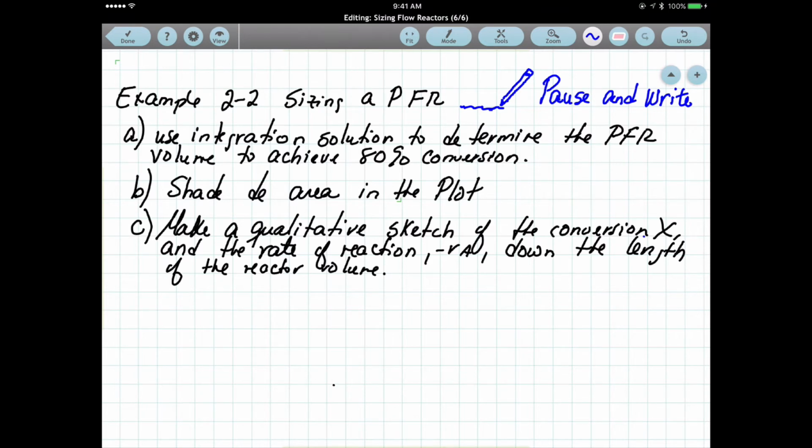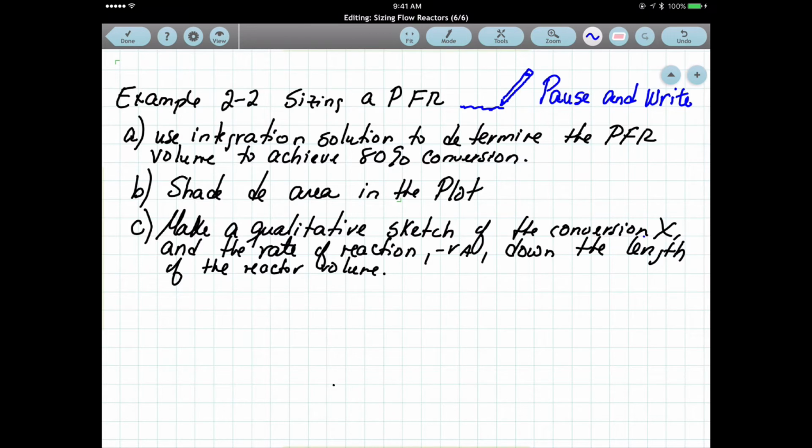However, we don't have that. So that means if we have data, we need to use numerical methods like Simpson's rule. If you don't remember that, we're going to review it, to actually get the area under the curve. Remember that for a PFR, the volume corresponds to the area under the Levenspiel plot.